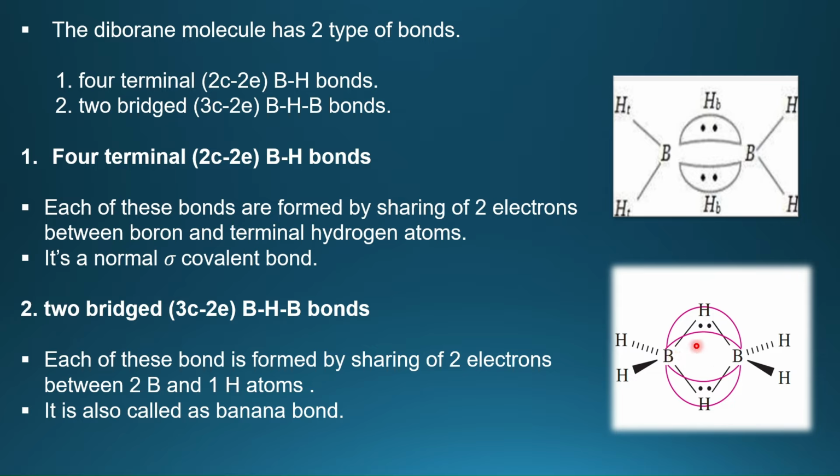This is the banana bond, three-centered two-electron. It is called a banana bond because it looks banana-shaped, with two electrons shared between two boron and one hydrogen atom.